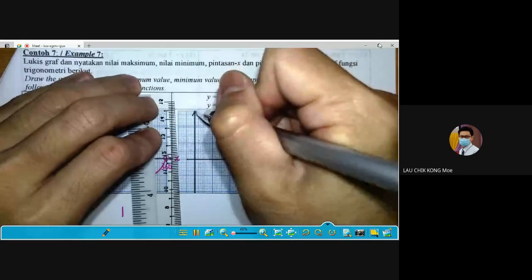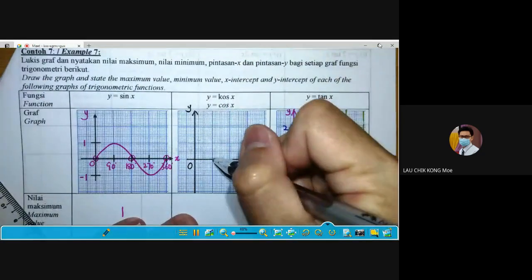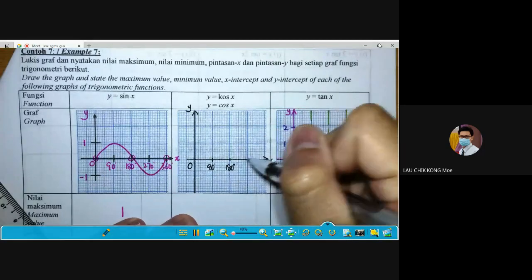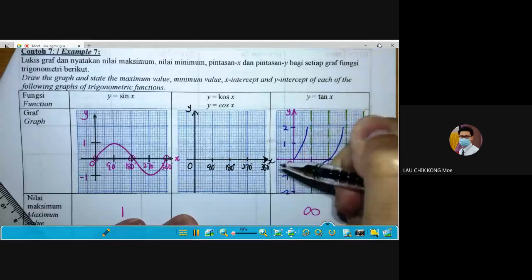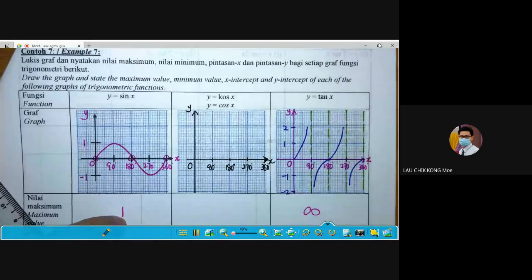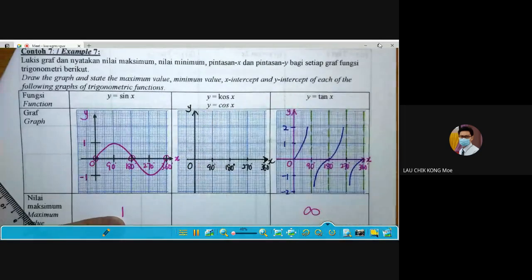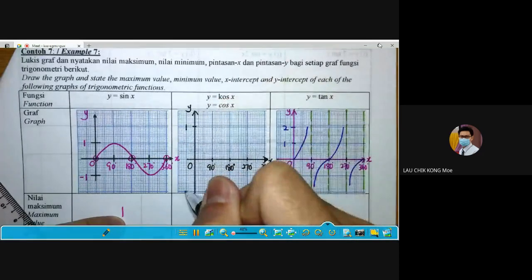Okay, and this is 0. This is 90 degrees, 180, 270 and 360. So these are the four main angles, and then the amplitude, maybe you can put 1 here also can, 1, -1.